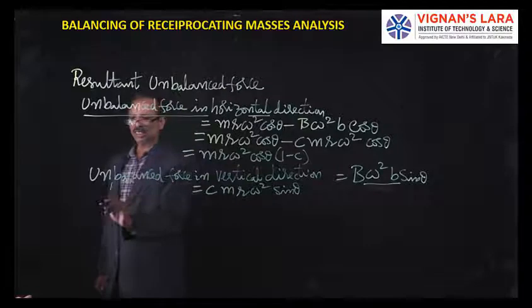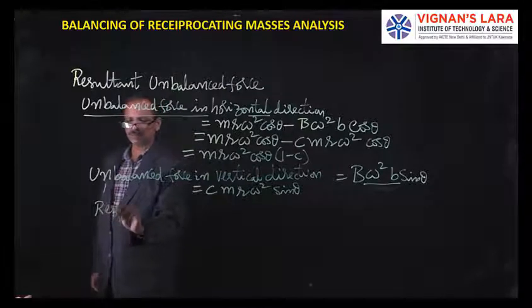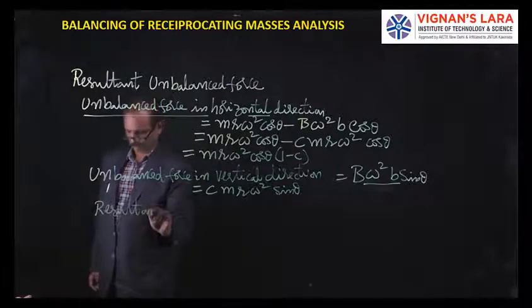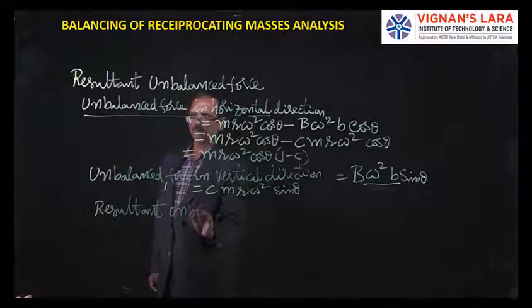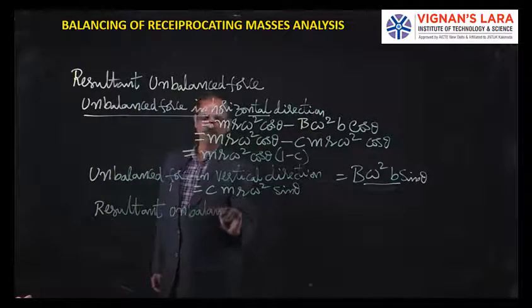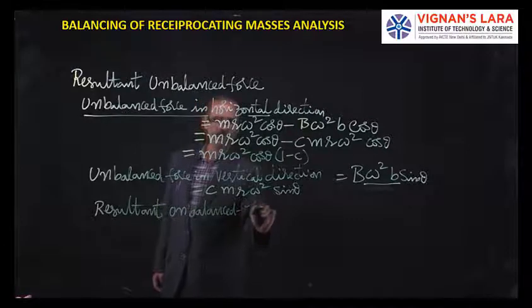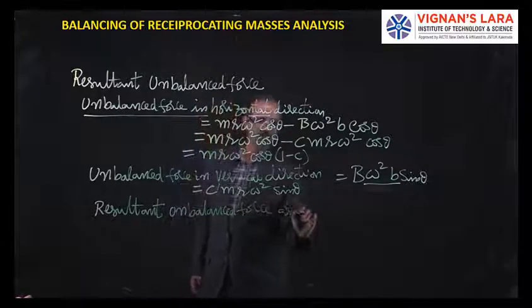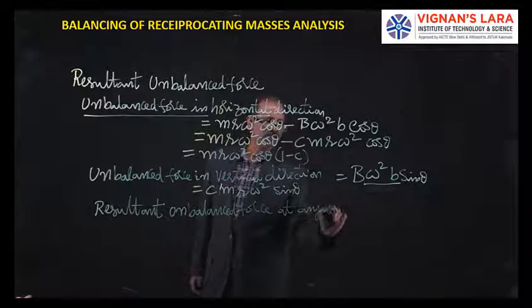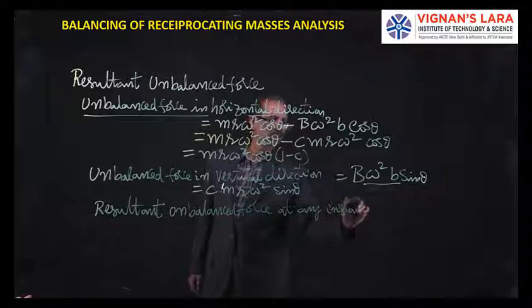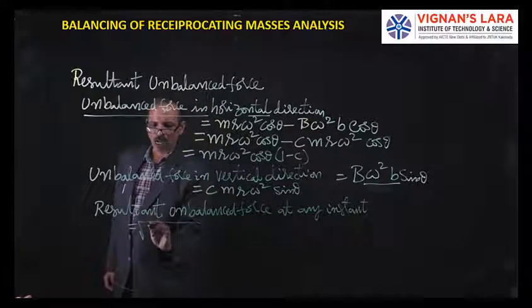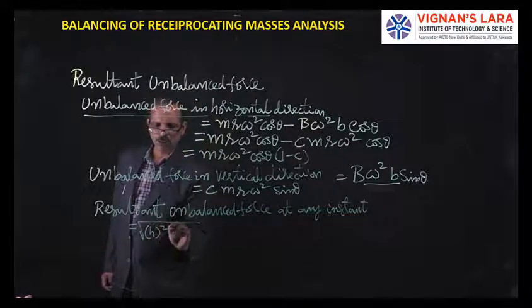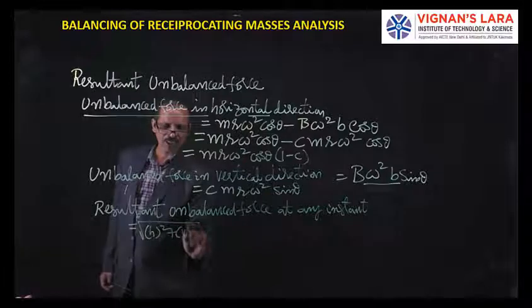So the resultant unbalanced force at any instant is the square root of the sum of squares of the horizontal force and the vertical force.